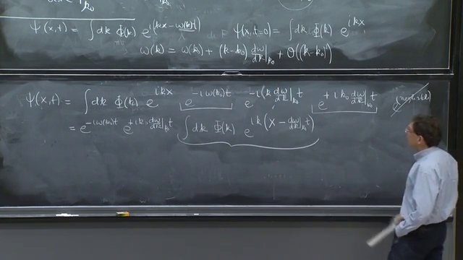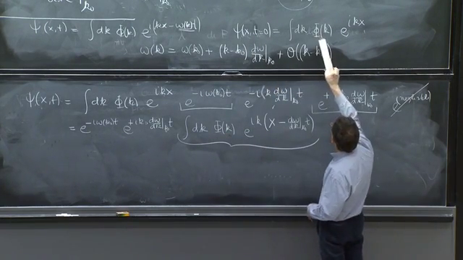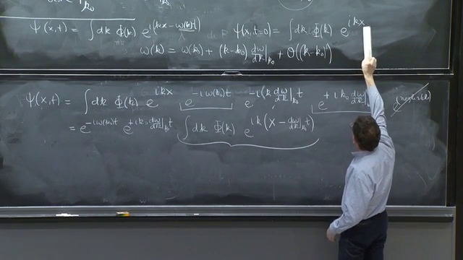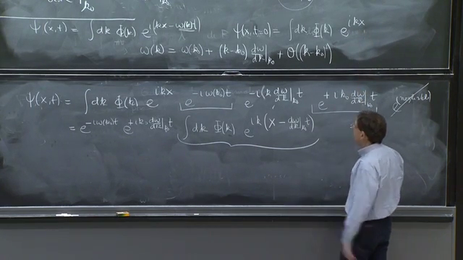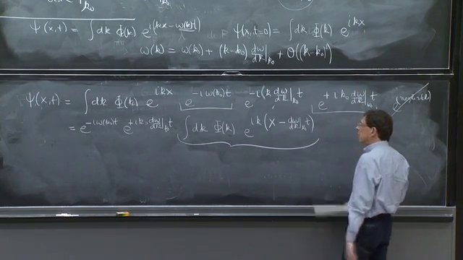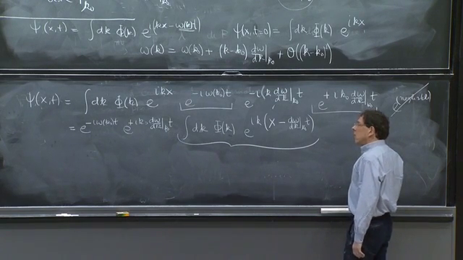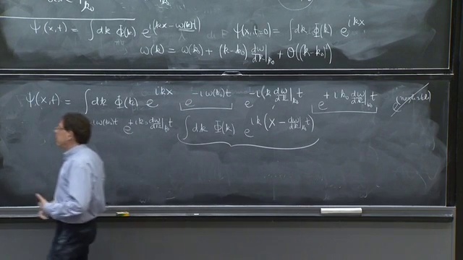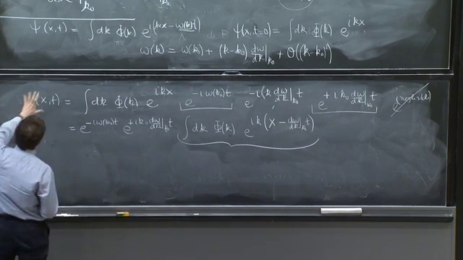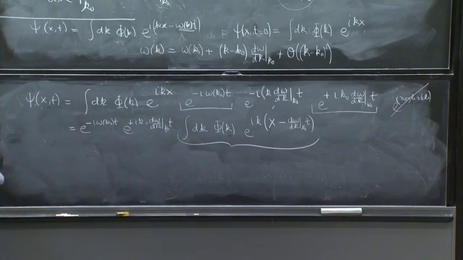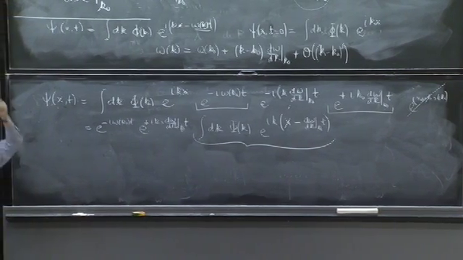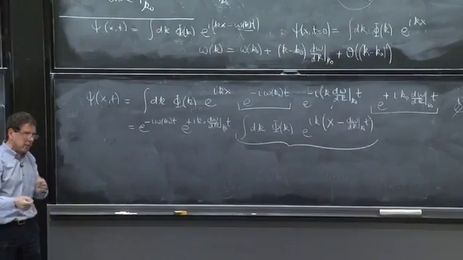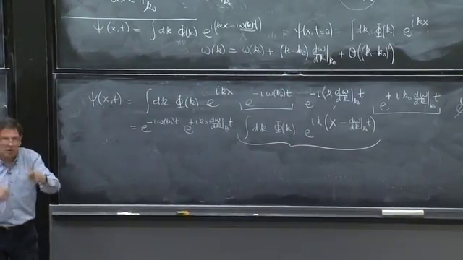It's of the same form: phi of k integrated with e to the i k and some number that you call x, which has been changed to this. To make it a little clearer, and many times it's useful, if you have a complex number, it's a little hard to see the bump because maybe the bump is in the real part and not in the imaginary part, or in the imaginary part and not in the real part.